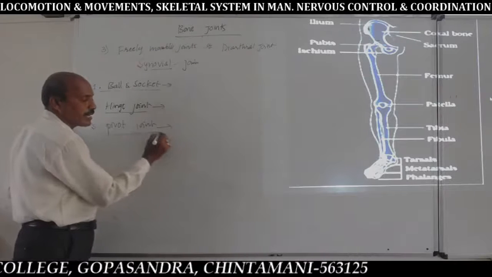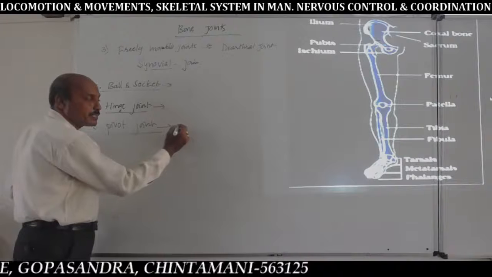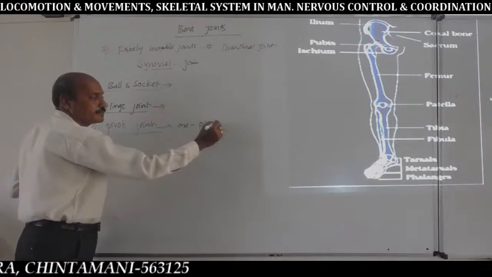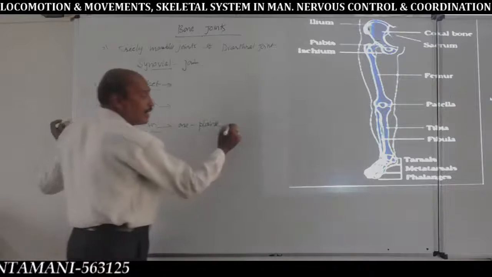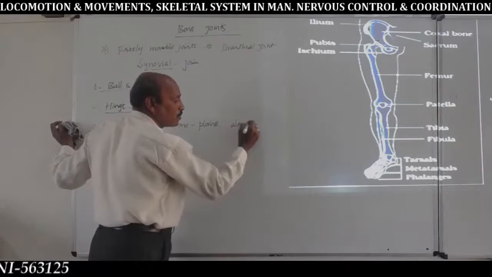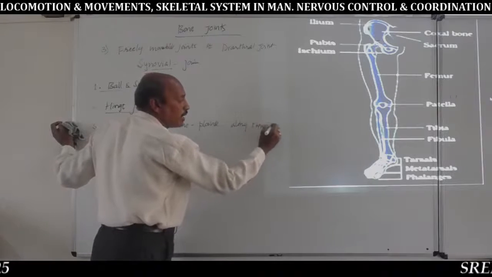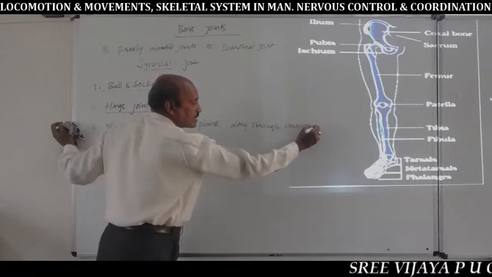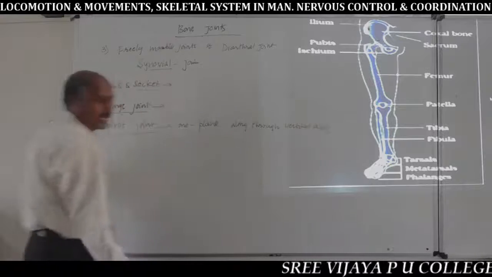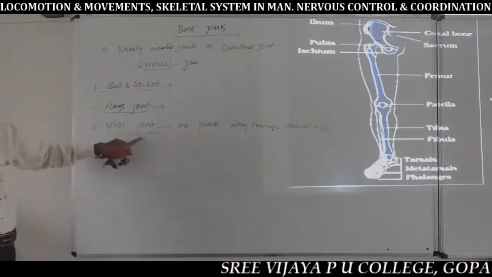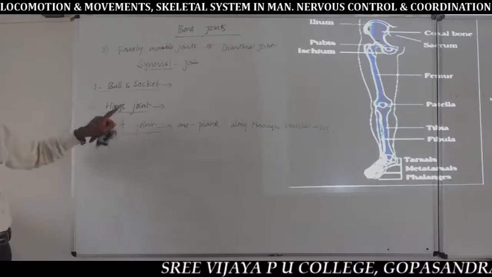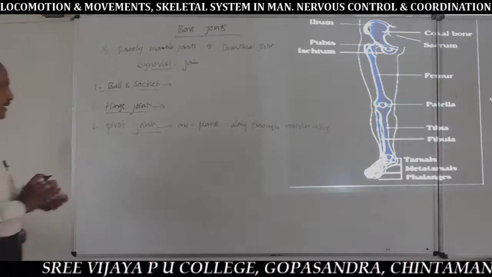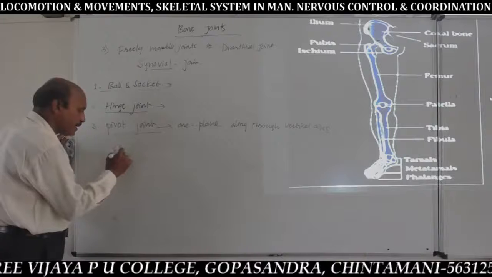In the pivot joint, movement is present in one plane, along through vertical axis. Vertical axis is the major identification mark of a pivot joint.